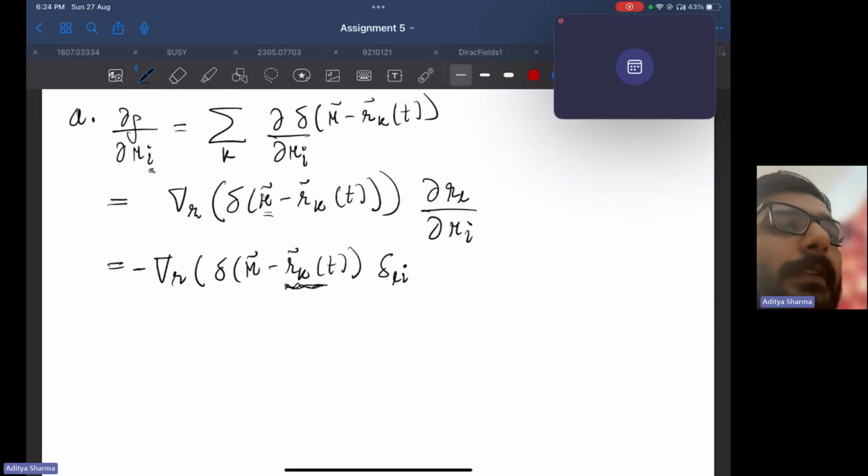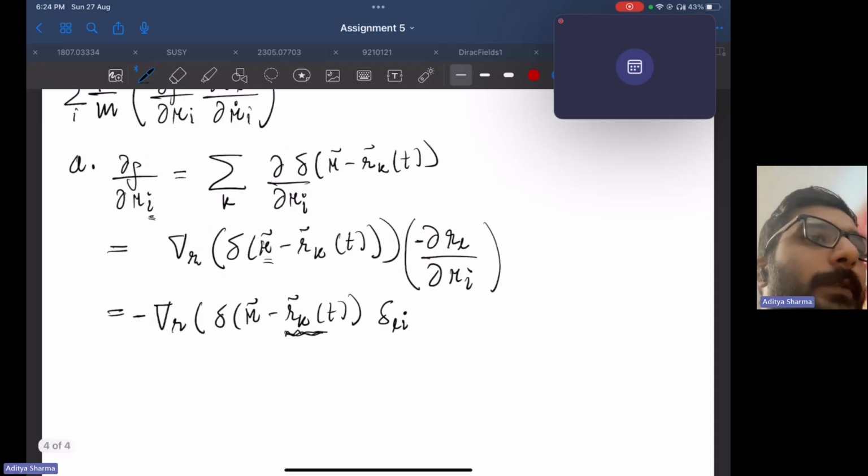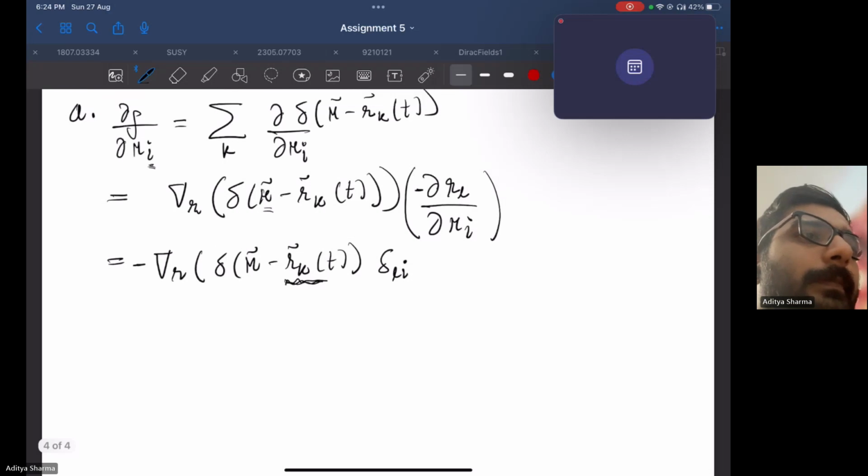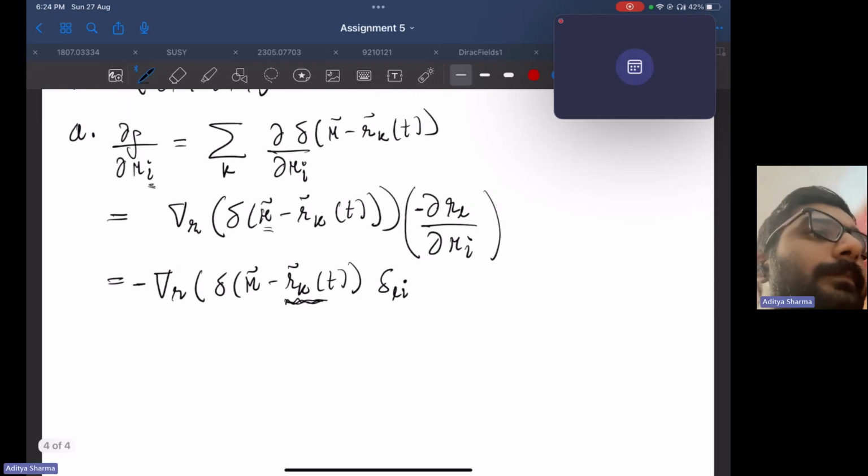So this thing is actually just minus of this thing. It's like we are just doing chain rule. We are differentiating this first and differentiating what is inside. When you differentiate what is inside, we have to differentiate this part, and that will just give us Kronecker delta. So yeah.